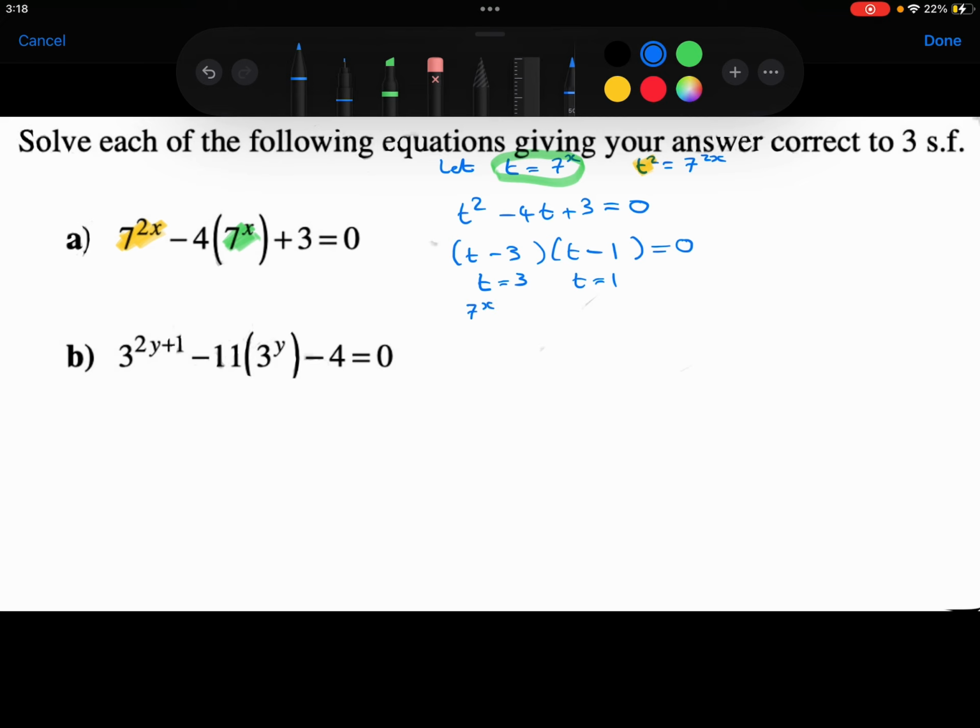So if I say 7 to the power x is equal to 3, or 7 to the power x is equal to 1, I can now take, and again there's a couple of different ways we could do this, I'm going to take logarithms of both sides.